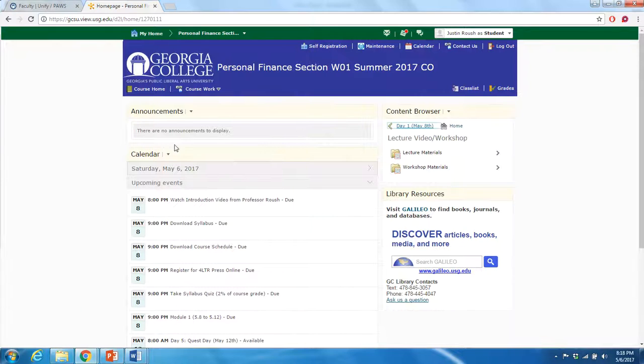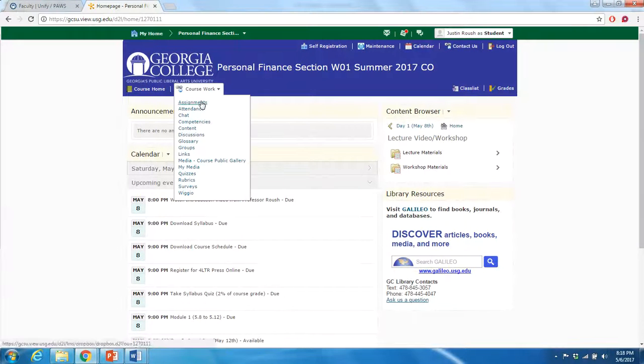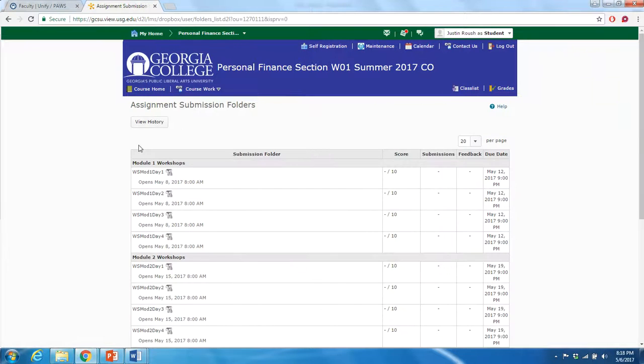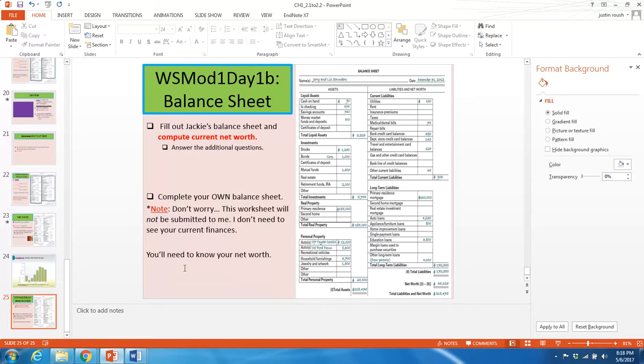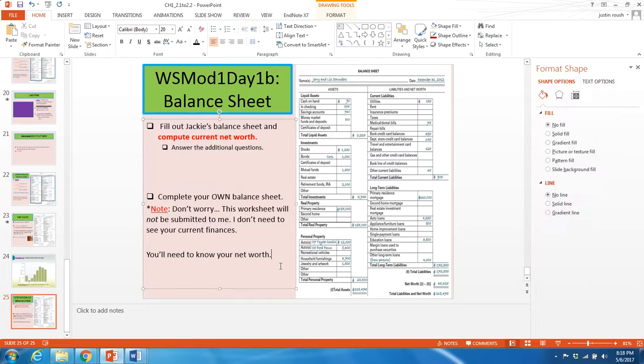Then you will come over here to Georgia View, drop down to our assignments tab, and you will see Module 1, Day 1, May 8th, starting 8 a.m. You will be able to turn in your workshop for that day there. Okay, so you'll upload that to the assignments folder. What I'd like for you to do is please name your file workshop mod, with your last name.